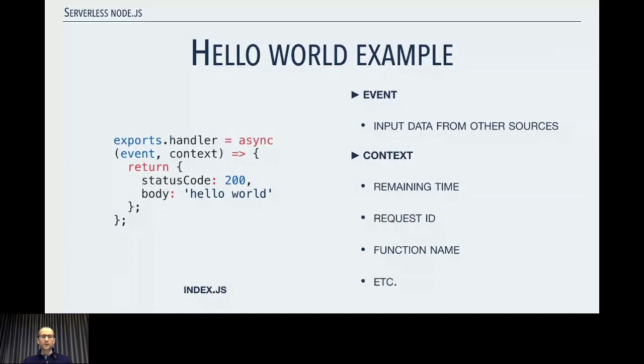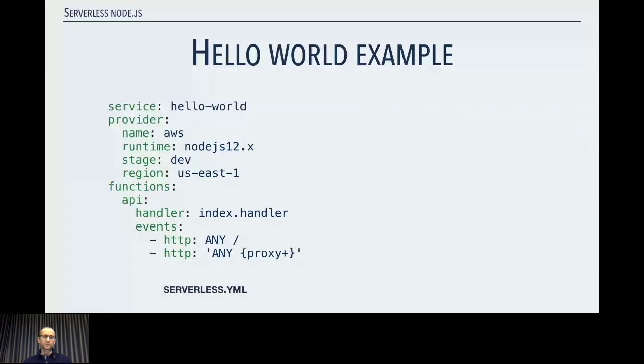And once we have that very simple function handler, we need to provide a proper provisioning config, which is serverless YAML in this example. As you can see, we are just defining the name of the service and some details of the provider. In this case, it's AWS and Node.js 12.